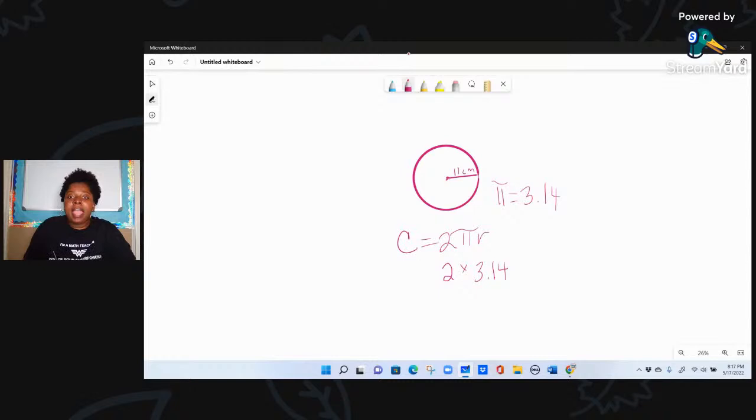And the radius is 11. So we're just plugging it in. 2 times pi, this is pi right here, times the radius. This is the radius. Again, with circumference and area of circles, most teachers are nice enough to let you use a calculator.